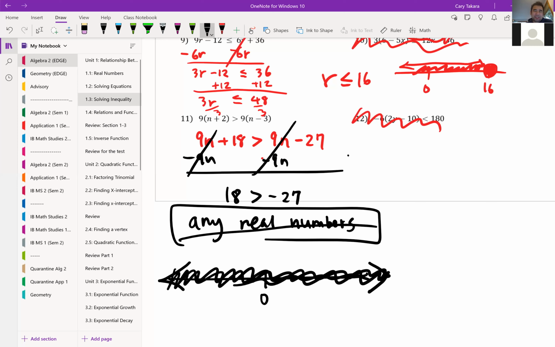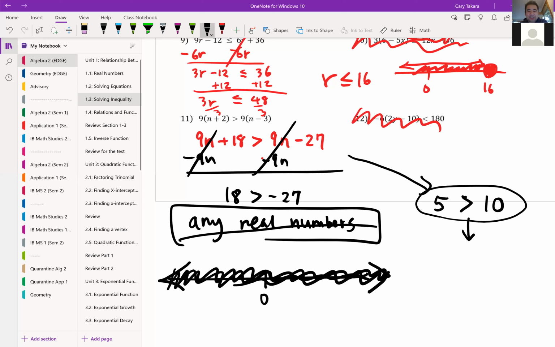Let's say you solve the question and you get a solution like this: 5 is less than 10. Now, does it make sense? No, it doesn't make sense. That's a false statement, isn't it? Then you have to say no solution.